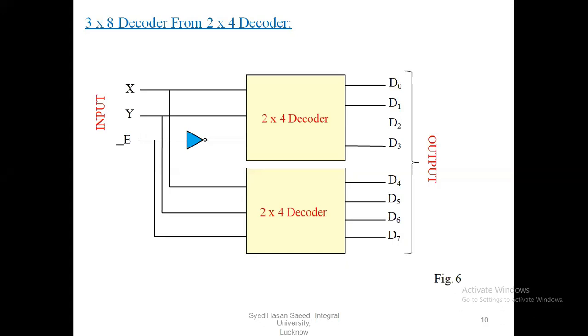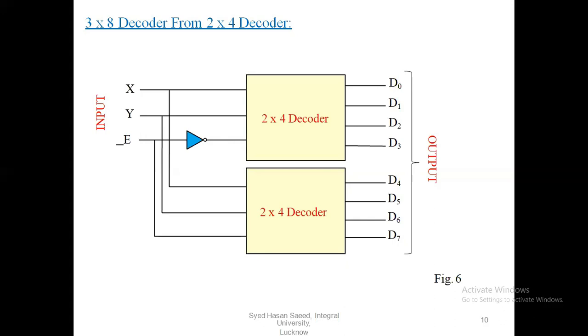So E is equal to 1 means what is the value here? 0, the complemented value. So which decoder is enabled?